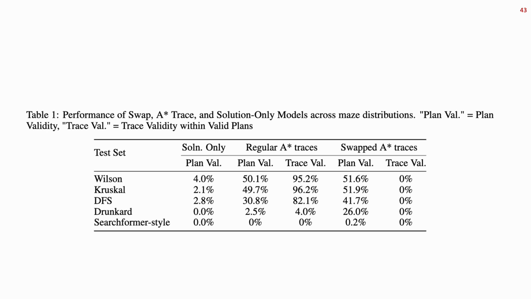In this particular case, from 2.5% to 26%. Notice that for these badly trained models, the traces they output at inference time are completely invalid. But their solutions are actually more accurate, more of the time. And everybody is only checking the solution accuracy. But they are making all these anthropomorphizations about the intermediate tokens and what they might be meaning. So that is the thing that we want to point out.